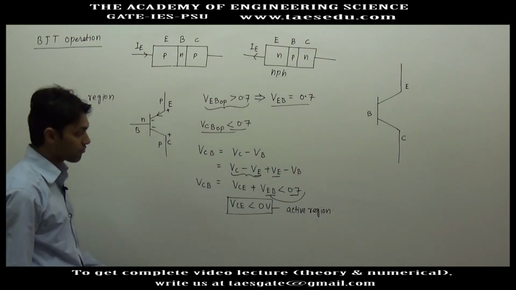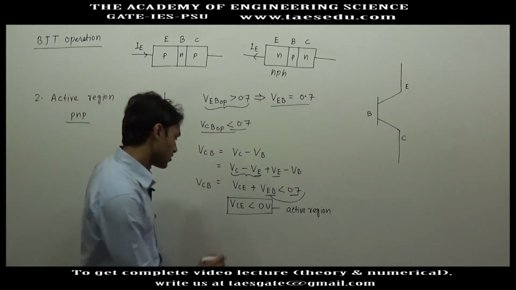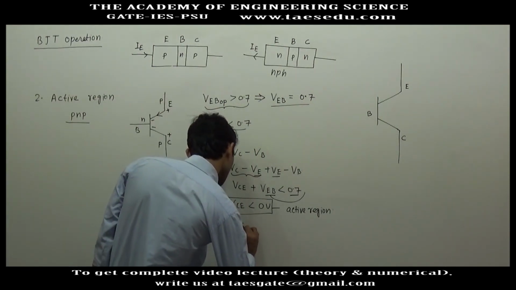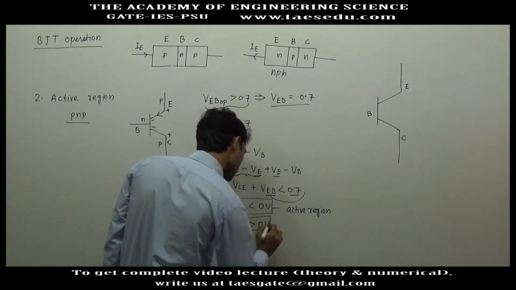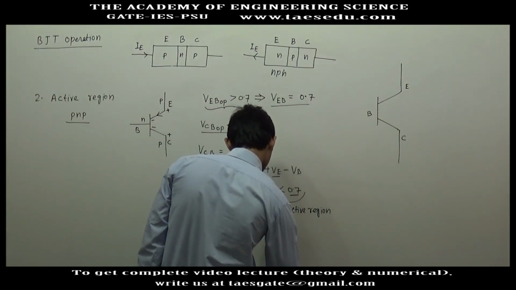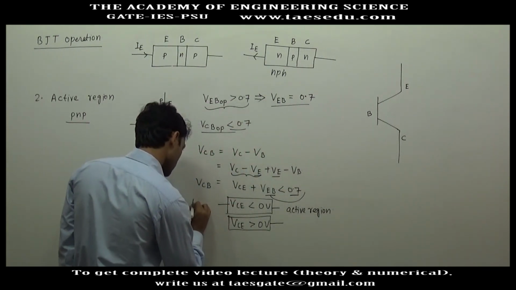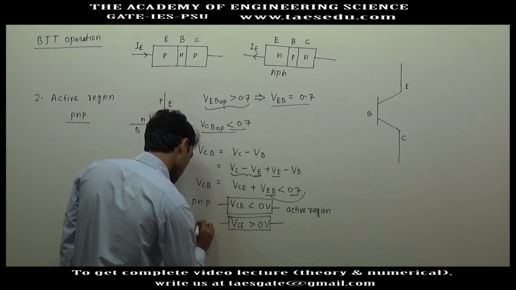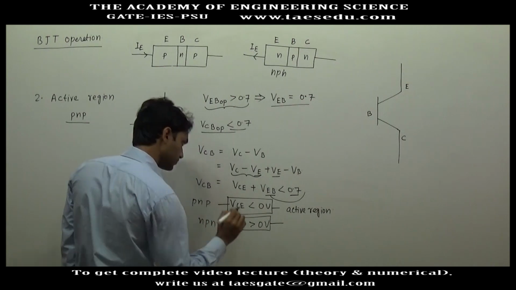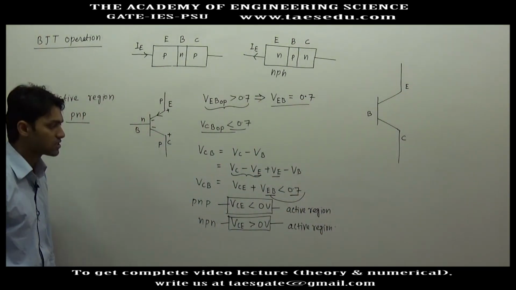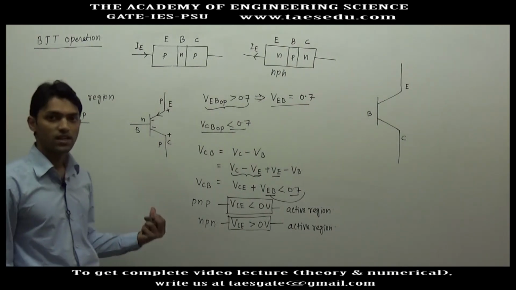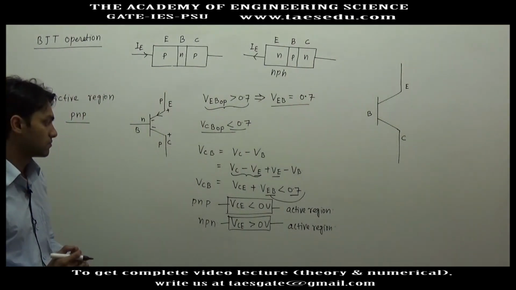Okay. While in case of NPN transistor, what was the condition? VCE must be greater than 0 volt. Okay, this is for the case of PNP and this is for the case of NPN. And if the condition of active region is not satisfied, this will certainly operate in saturation region.